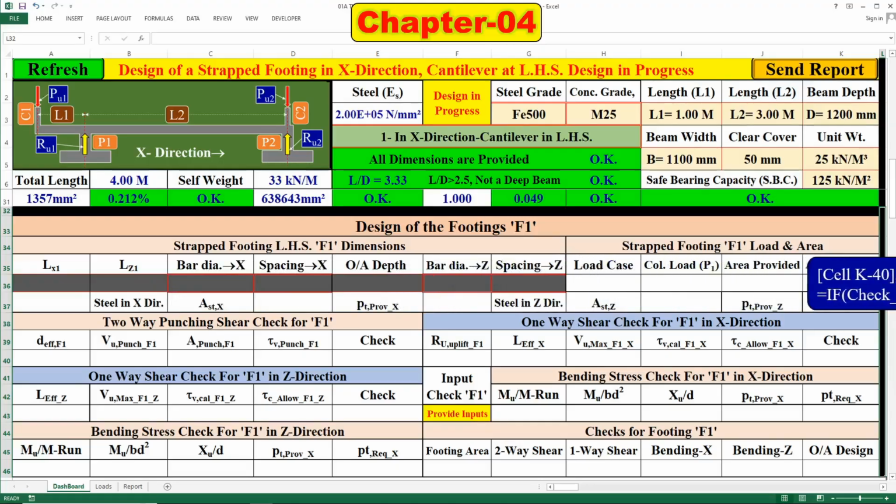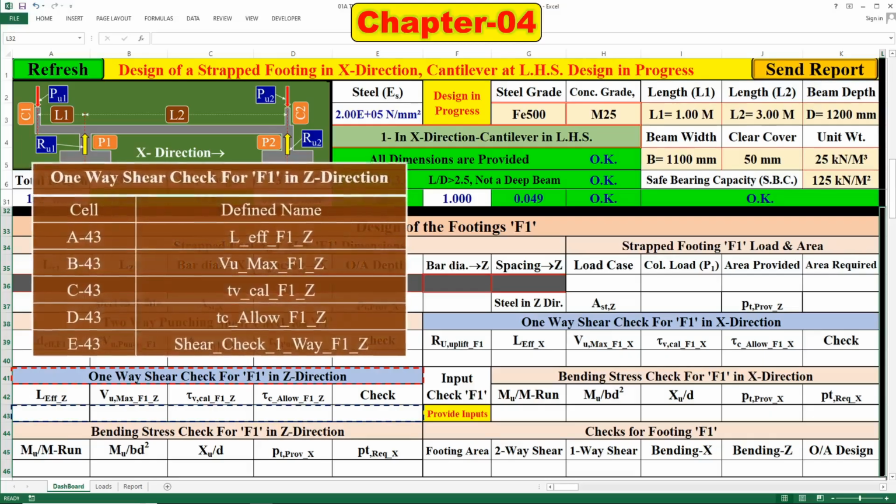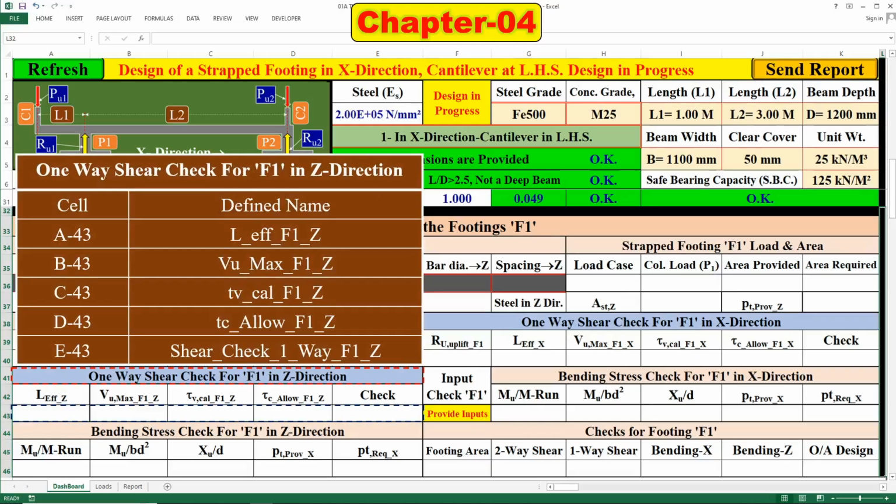Now, it is time for the one-way shear check for footing F1 in the Z direction. We are going to perform this calculation in the cell range from A43 to E43. On screen, we are seeing the defined names of the cells. After close observation, we find that these names are more or less the same as the one-way shear check for footing F1 in the X direction, except that in place of _X, we have _Z.